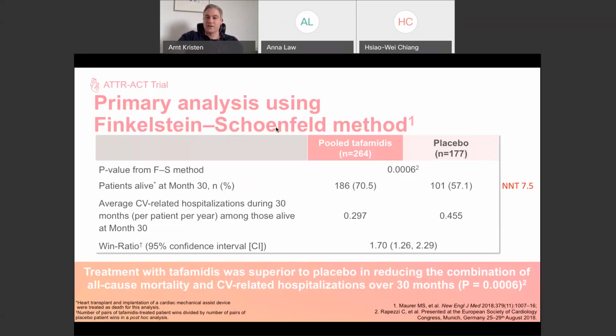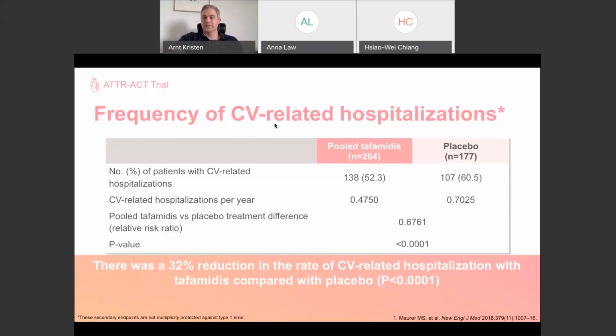When looking at the individual primary outcome parameters, the frequency of cardiovascular-related hospitalizations, we also find a significant reduction, a 32% reduction in the rate of cardiovascular-related hospitalizations in patients treated with tafamidis in comparison to the placebo cohort.